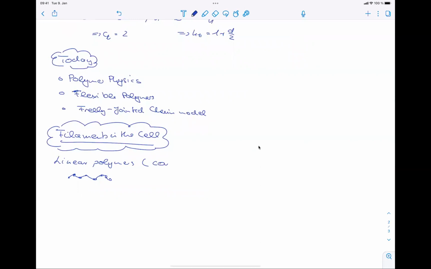These are constructed from individual monomers, or monomeric units, to form an unbranched chain. So let's focus on those.